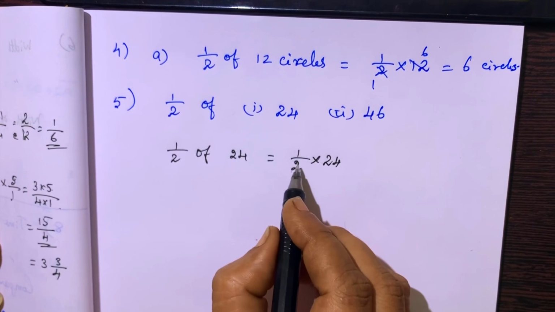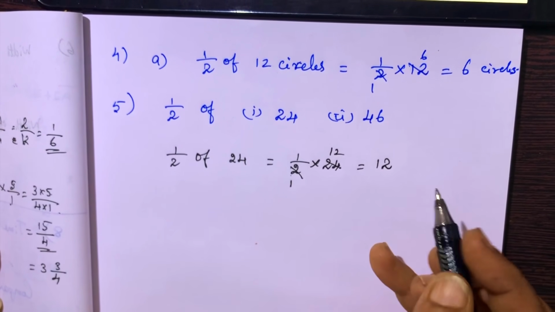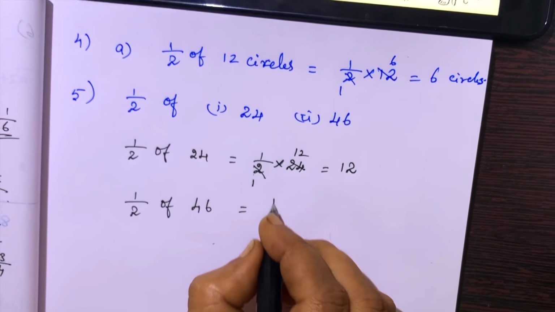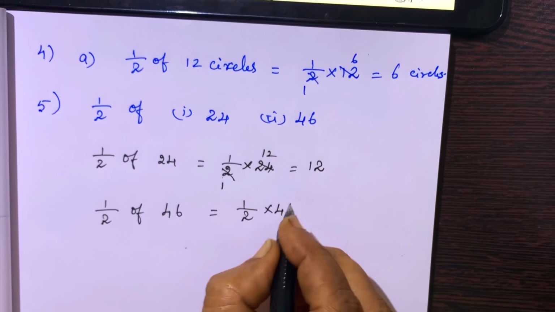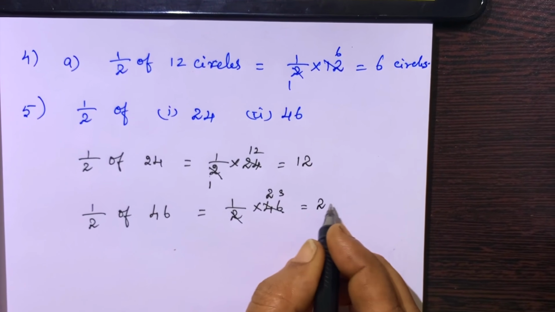Both are even numbers, so you can cancel by 2. Here you will be getting 12. Now half of 46 is nothing but half into 46, cancel, so you will be getting 23.